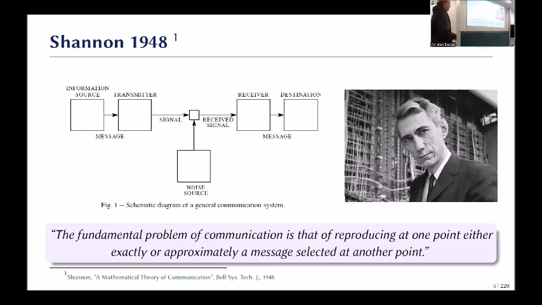And of course, the goal of the receiver is that the probability that the message is equal to the sent message is high. That is what Shannon was thinking about when he said the fundamental problem of communication is that of reproducing at one point either exactly or approximately a message selected at another point.